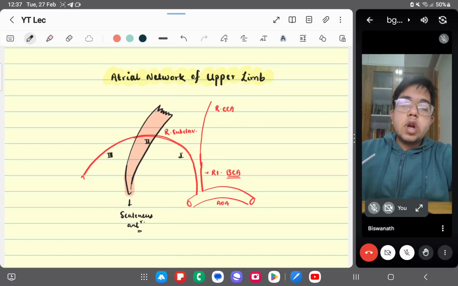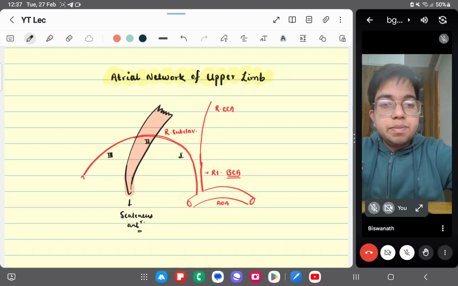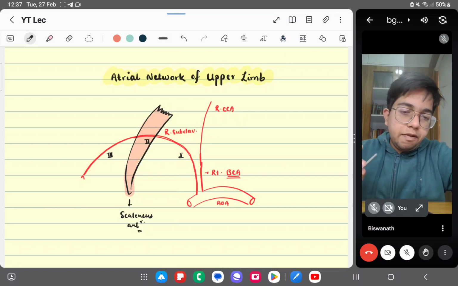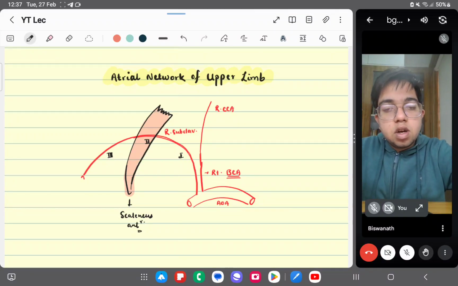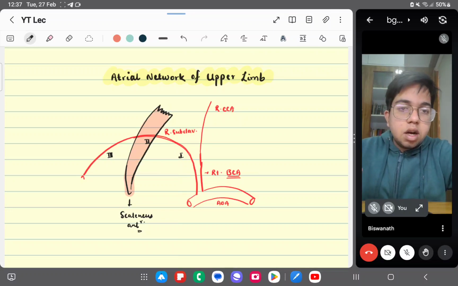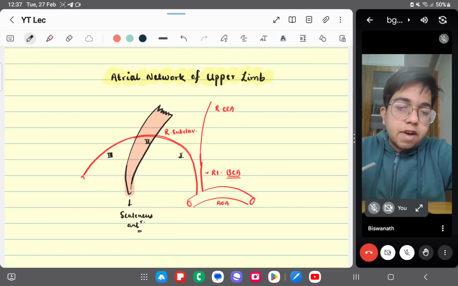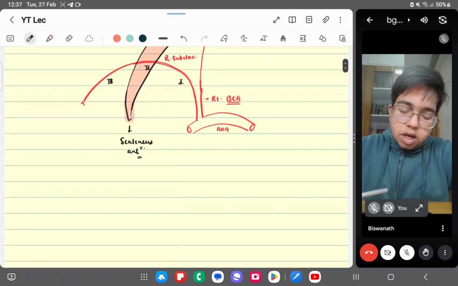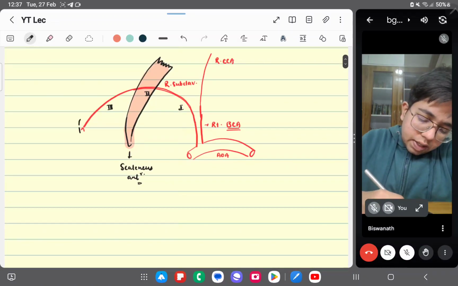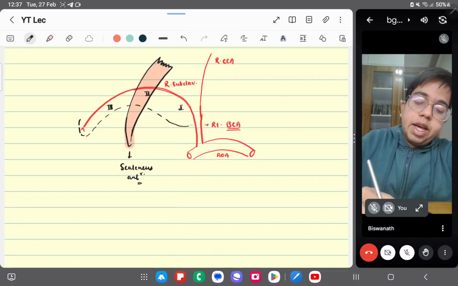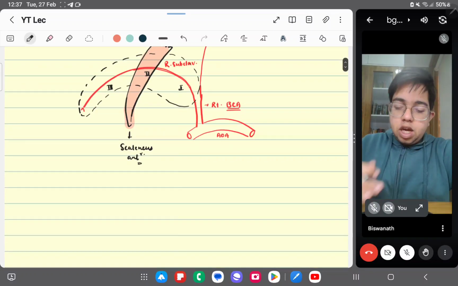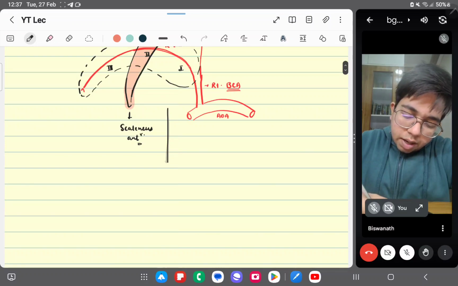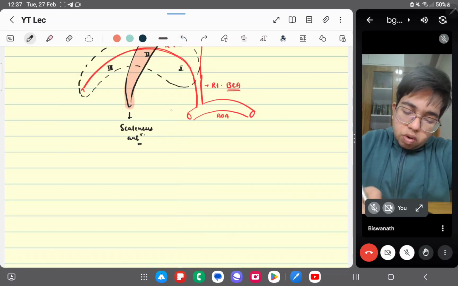Right subclavian artery, from its first part, will give one branch, not an artery but a trunk, called the thyrocervical trunk, TCT. I'll be taking up this part again in my next diagram so as to show you the branches.